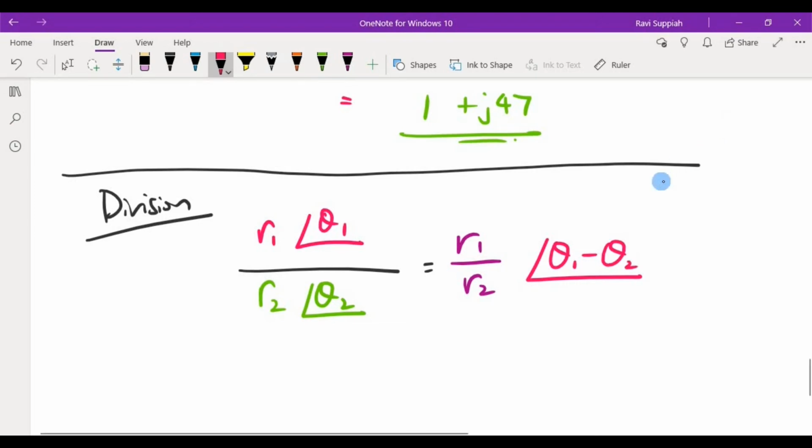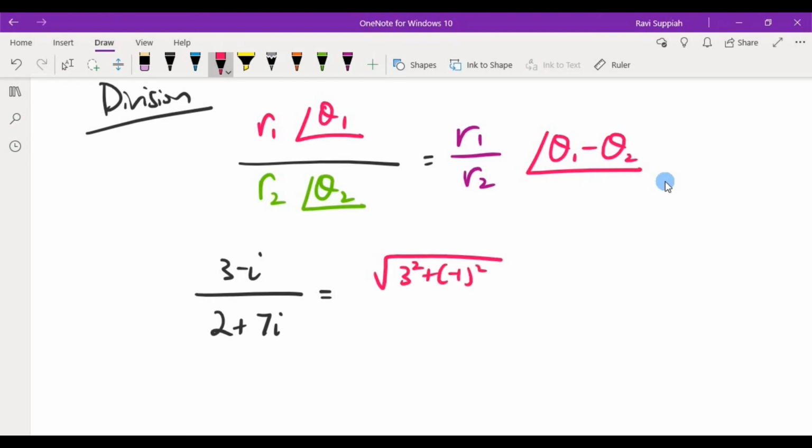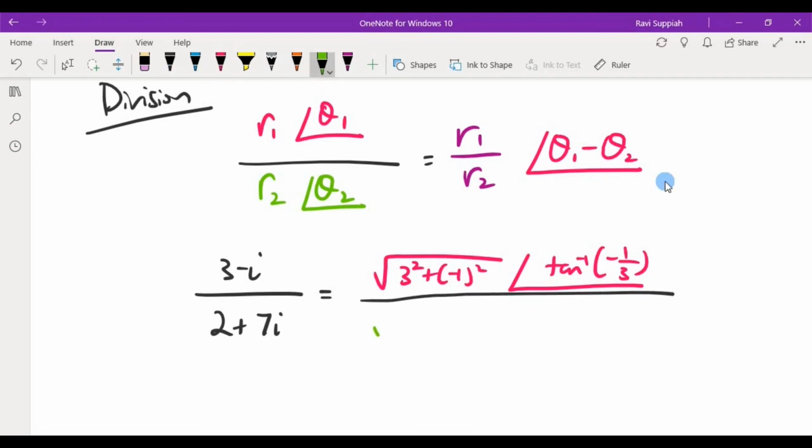Okay, so let's try this with a real example. So 3 minus j divided by 2 plus 7j equals to, so we're going to convert both of them to their polar forms. So it will be square root of 3 squared plus minus 1 squared, angle inverse tangent of minus 1 over 3, divided by square root of 2 squared plus 7 squared, angle is inverse tangent of 7 over 2.